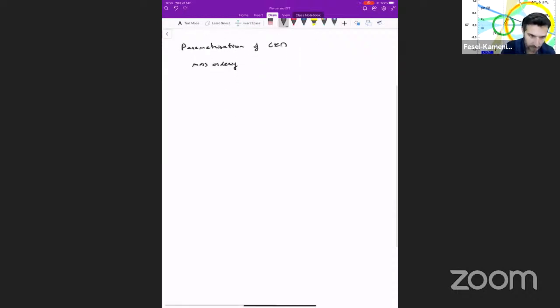To establish the notation of the CKM matrix elements, we have VUD, VUS, VUB in the first row, then VCD, VCS, VCB in the second row, and finally VTD, VTS, VTB in the third row.